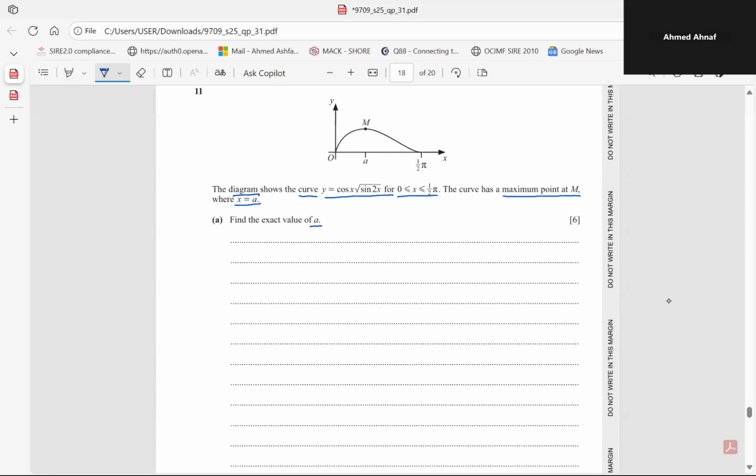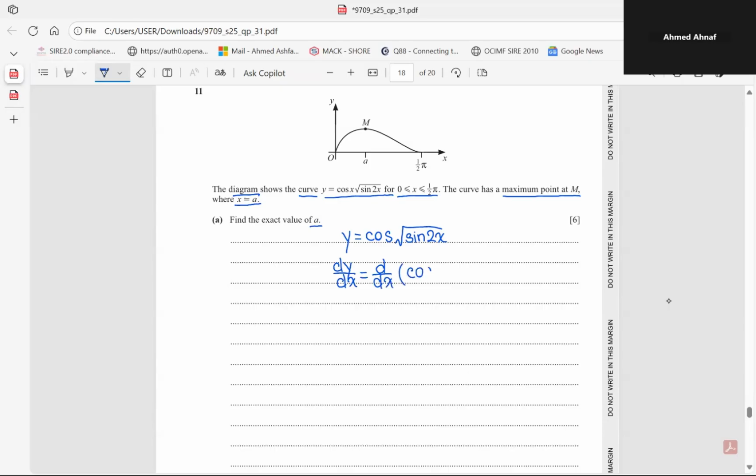So first of all, we have to find our dy/dx. So let's do that. First, write down your equation. Okay, and now we are going to find our dy/dx. So in order to do that, we're going to have to differentiate this equation.